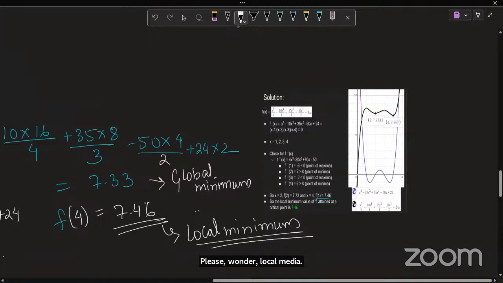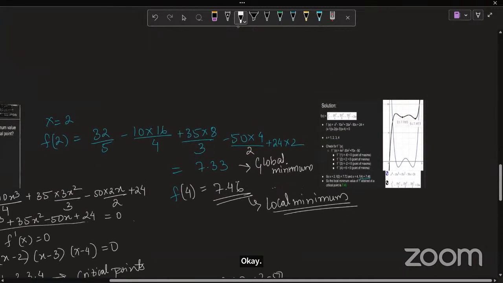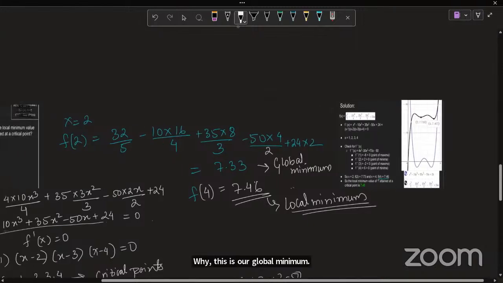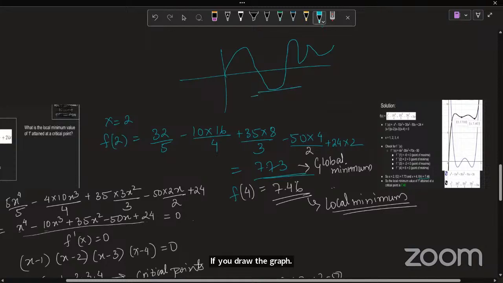Okay. Why is this our global minimum? Sir, it is 7.73, right? Like f of 2 is given as 7.73. Because this one is the more minimum, right? If you draw the graph like this, this is the least value we will get of f(x).